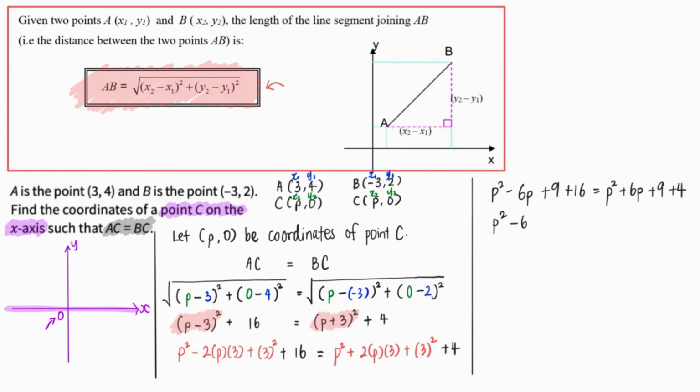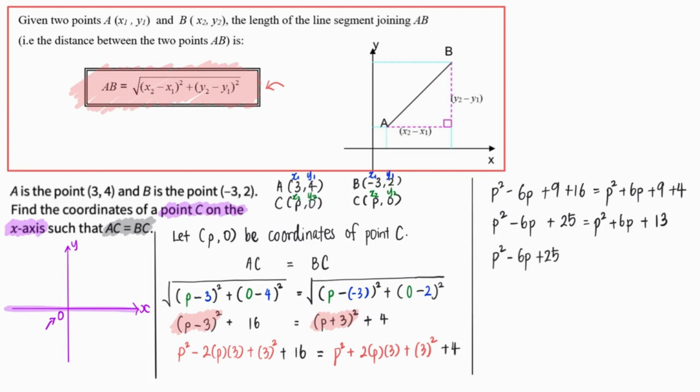Continue to simplify them. Alright, 25 equals to P square plus 6P plus 13. And I'm going to minus P square on both sides, so that you will have this.